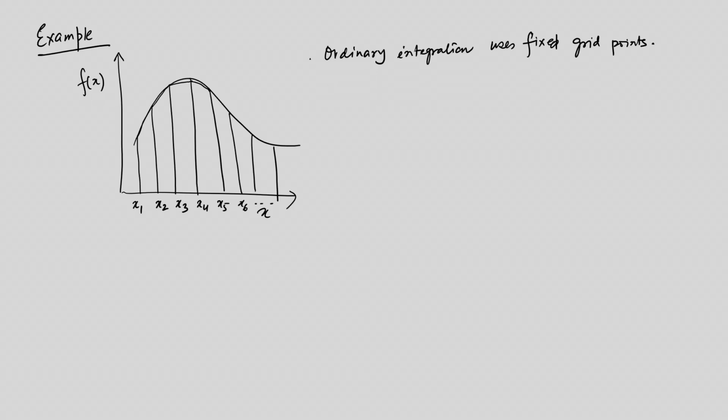Instead of that, MC uses random grid points. These are not chosen systematically and in a homogeneous manner, but random grid points are chosen and the integral is carried over that. Let us try to understand the probabilistic concepts that come in.